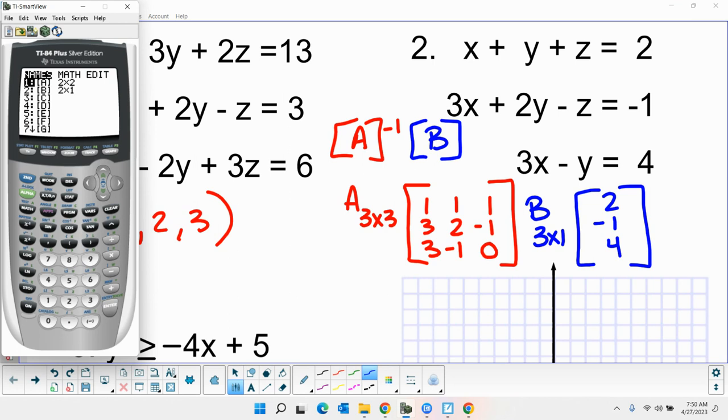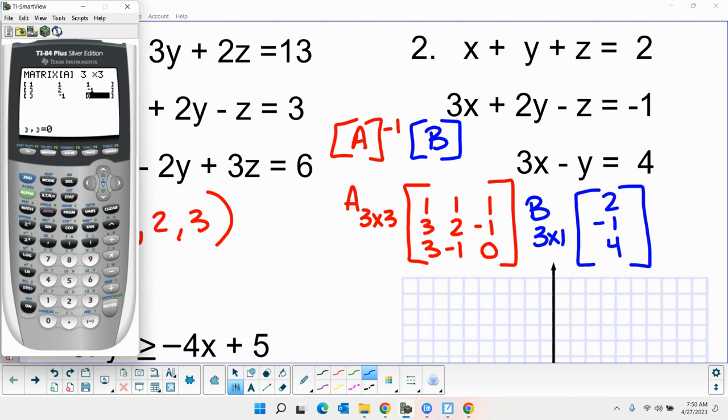So I hit the left arrow key once, and I hit enter, and then I need a 3 by 3. All right, and then it goes across the rows. So the numbers you put in go to the right, and then it'll jump down. So 1, enter, 1, enter, 1, enter. Goes across the row, and then 3, 2, -1, and then 3, -1, and 0.